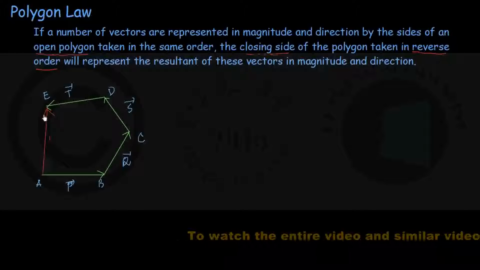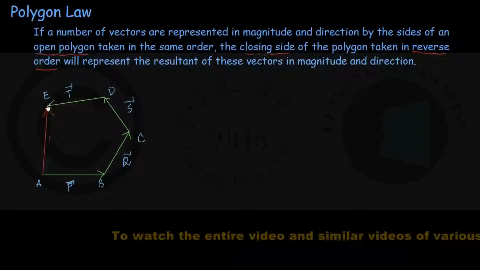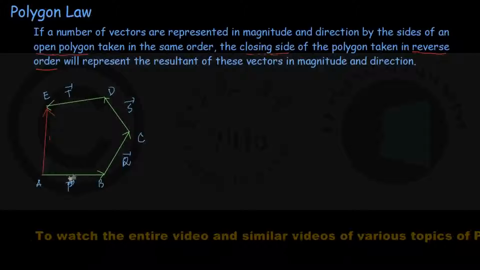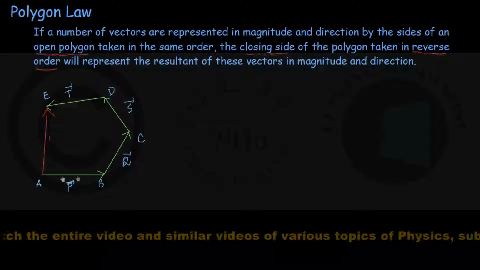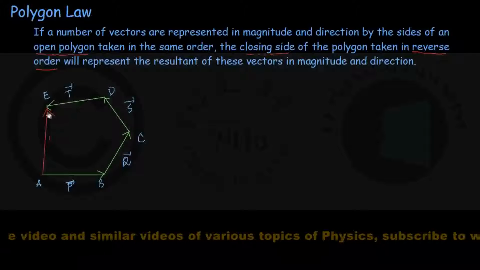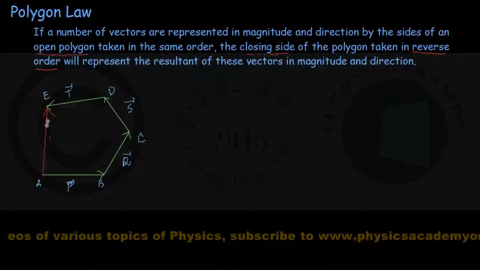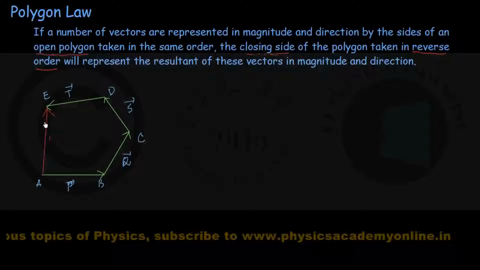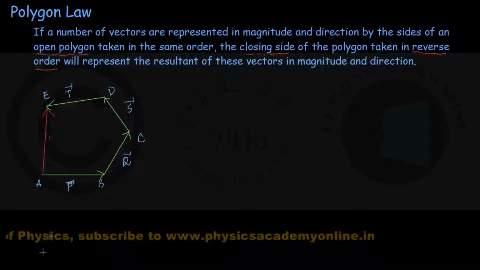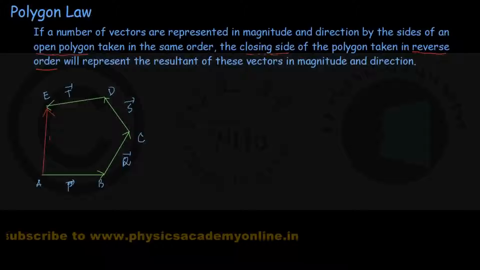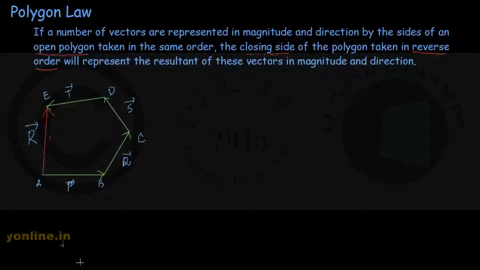That is the closing side of the polygon ABCDE, where the 4 combining vectors are represented by 4 sides in order, but the resultant by the 5th side, the closing side, in the opposite order. That is the meaning of the polygon law. So let me call this the resultant. The symbol R is just reserved for it, that I call R like that.